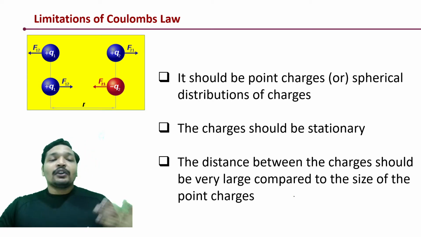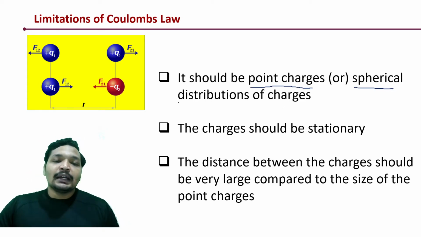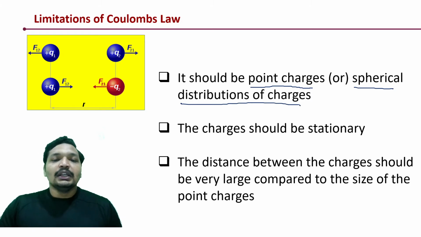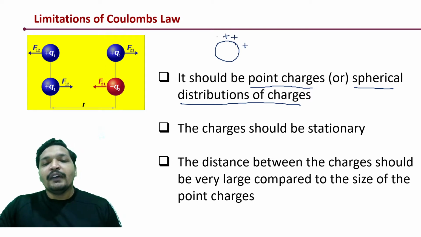For Coulomb's law to be applicable, there should be point charges or a spherical distribution of charges. When we claim it is a spherical distribution of charges, it has some uniform charge distribution on its spherical surface.